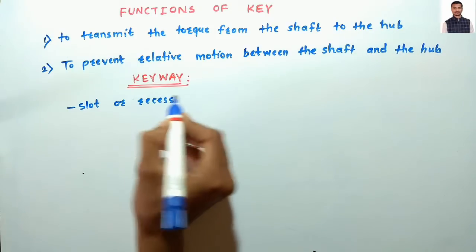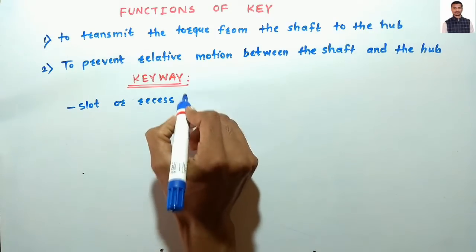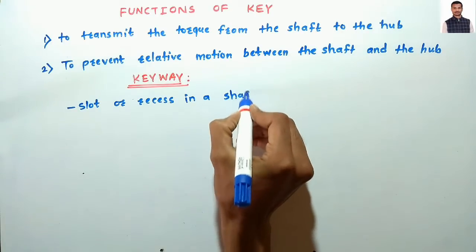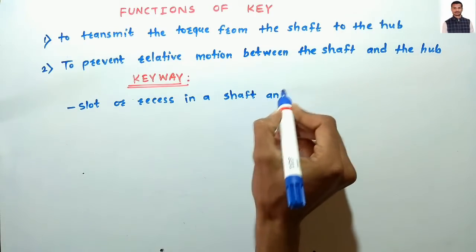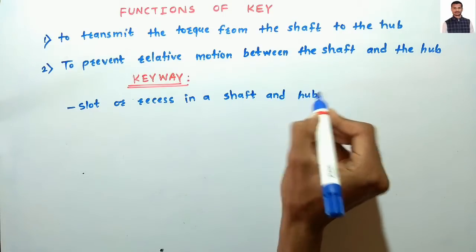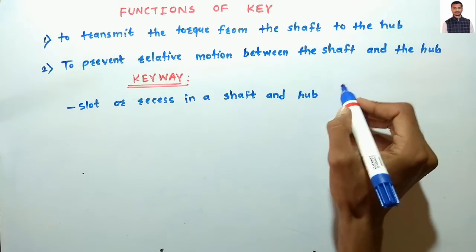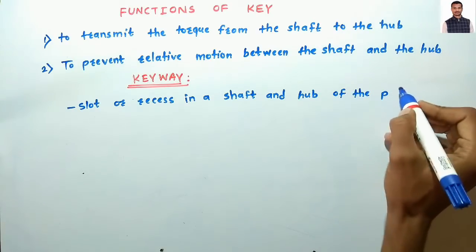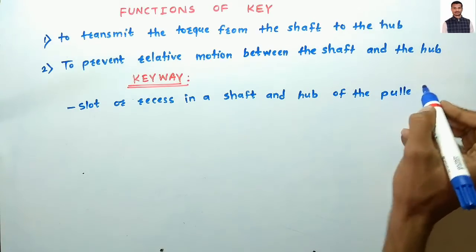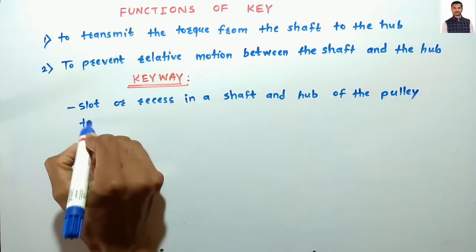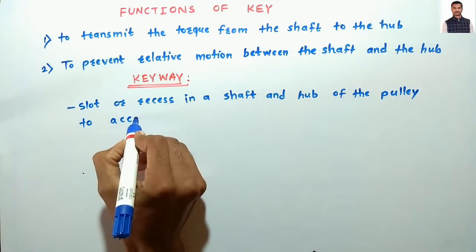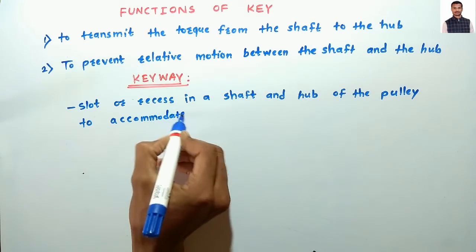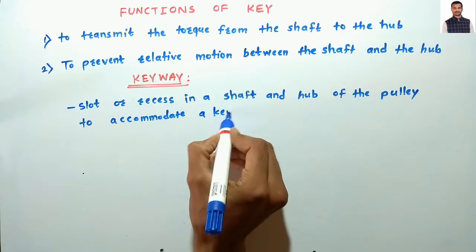Keyway is a slot or recess in a shaft and hub of the pulley to accommodate a key.